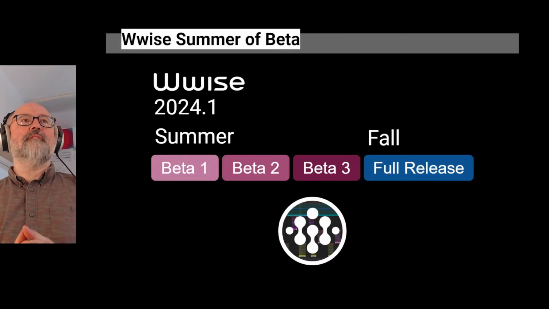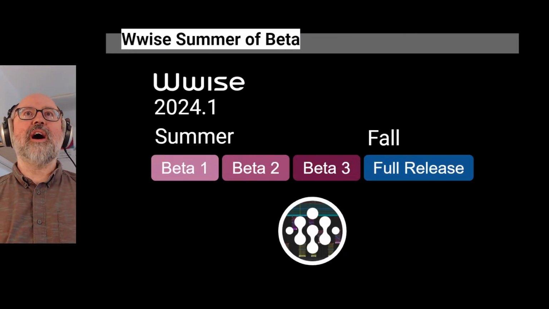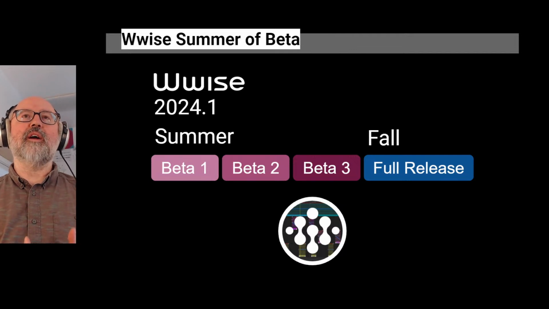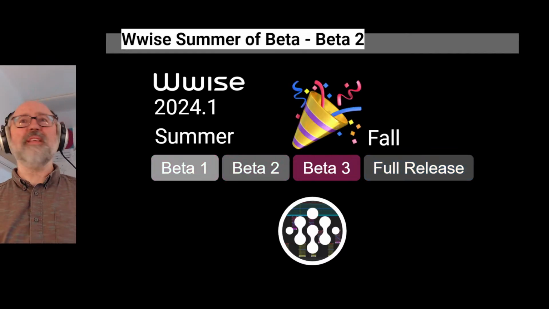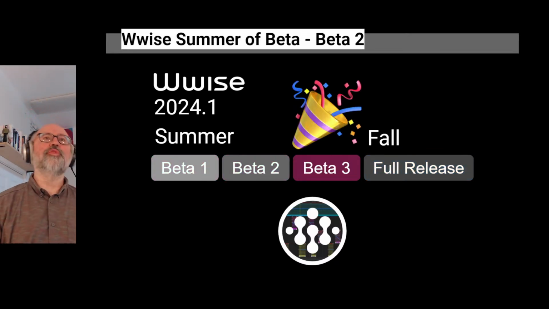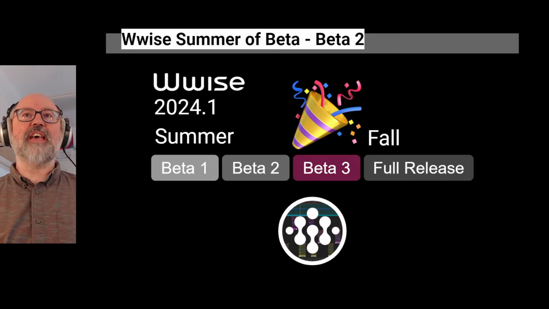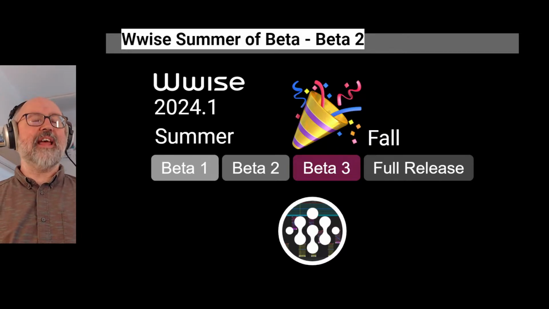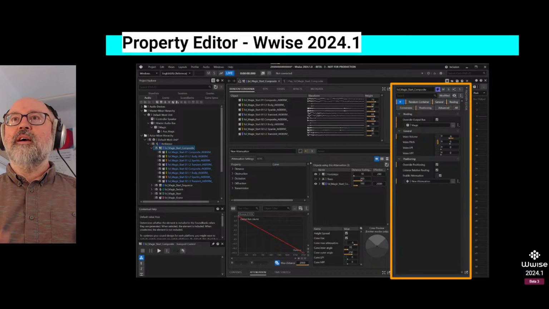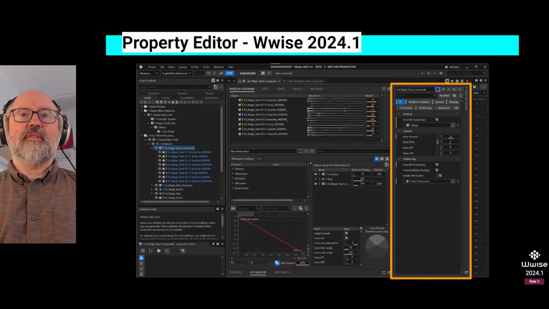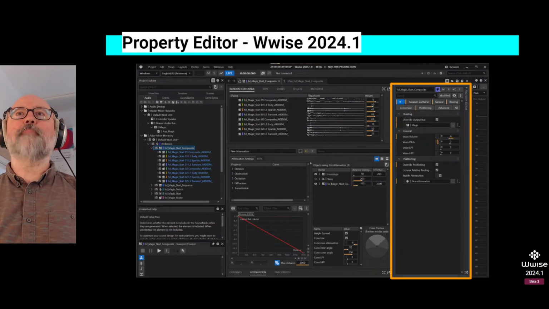And speaking of that, we are in the Wwise summer of beta for our next full release, 2024.1. And beta 3 is out there. It's in folks' hands, and we've been getting feedback on that across these betas this summer, especially thanks to our new property editor that we've dropped in.